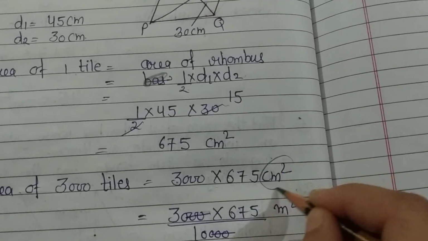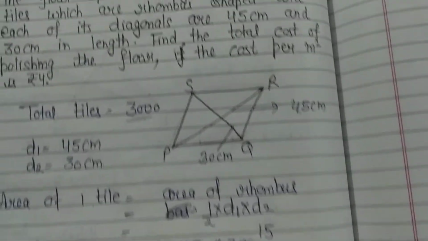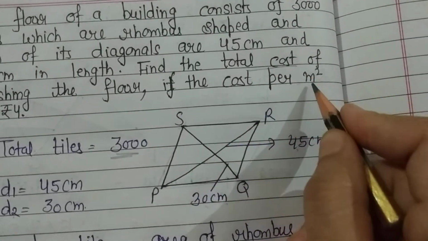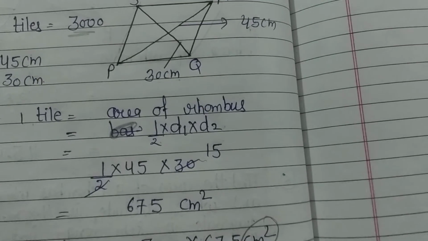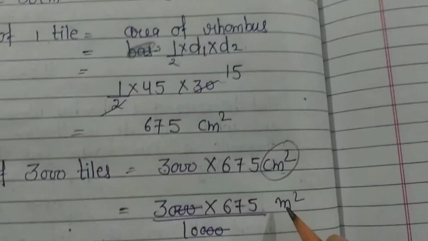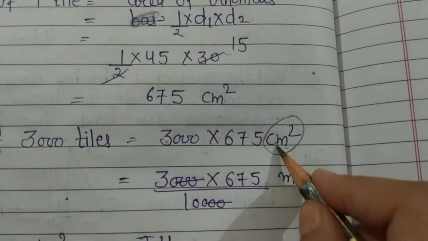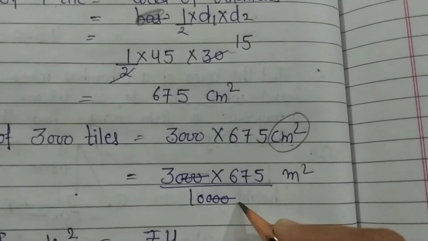Now see, it is in centimeter square, but the cost is per meter square. So I will change centimeter square into meter square by dividing it by 10,000.